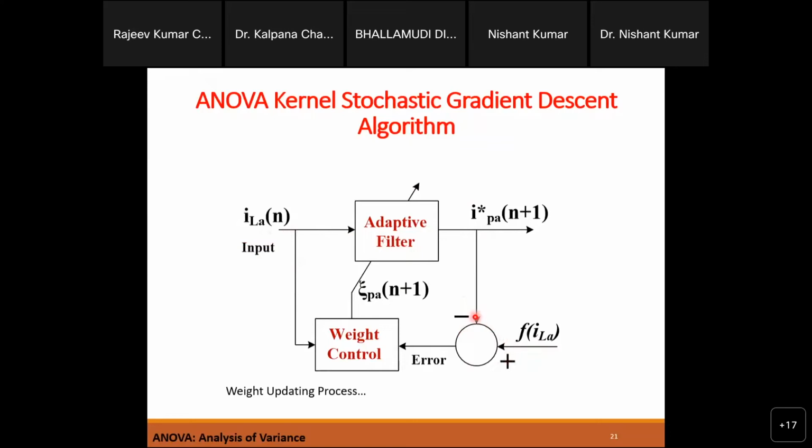For example, in this system, how will we predict these things? This information will come from the grid side: what amount of nonlinear current we have generated, and what amount of nonlinear current comes from the grid or goes into the grid. Through this way we can estimate the error here, and accordingly we will update our weights, right?